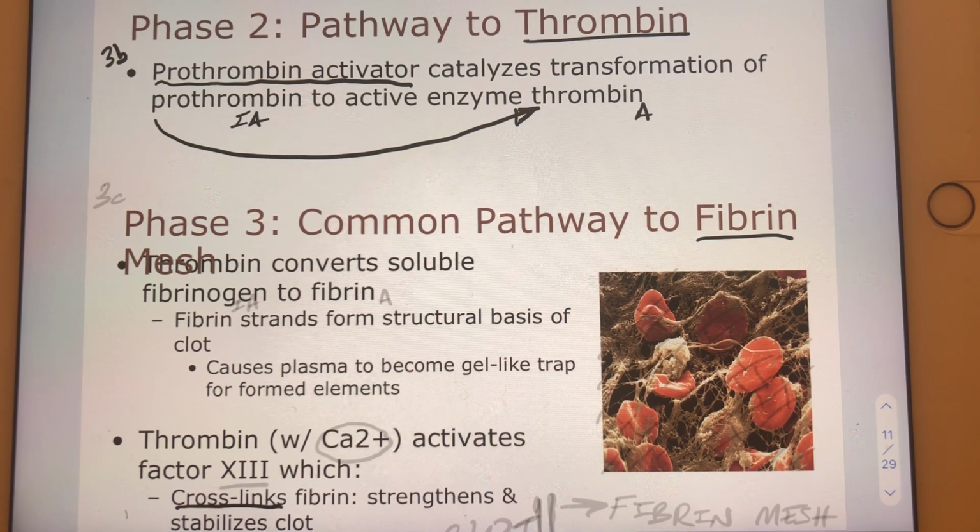Now that we have thrombin, we can move into our next step, which you might call 3C if you need a step name. And now that we have thrombin, activated prothrombin, we can actually do a couple of things. Thrombin's going to have two major effects. It's going to activate fibrinogen. Fibrinogen is inactive.